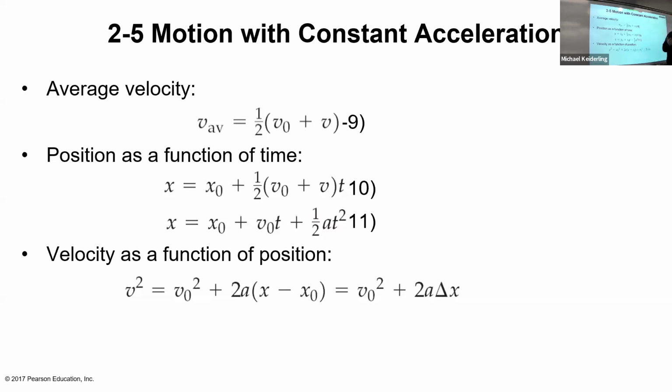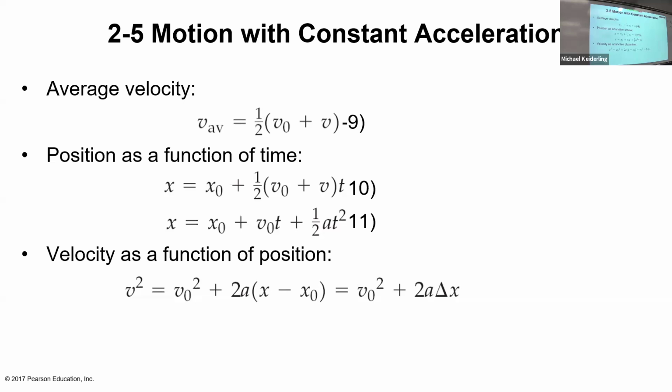So with a little bit of algebra, we get that position is initial position plus initial velocity times time plus 1/2 acceleration times time squared.